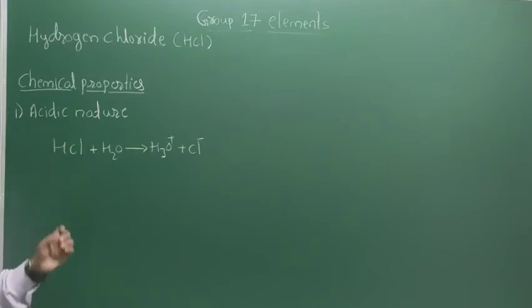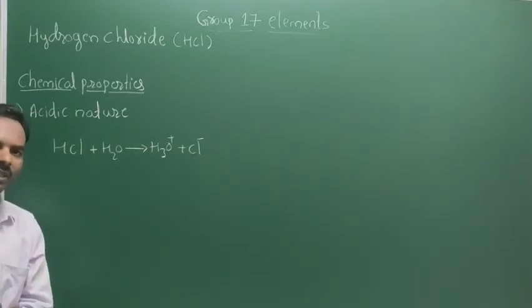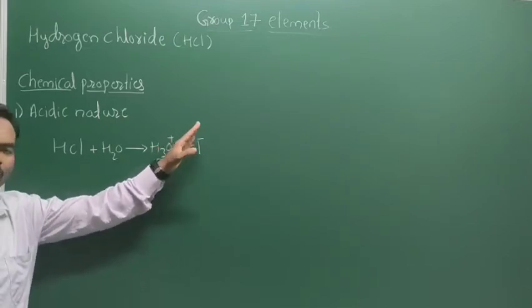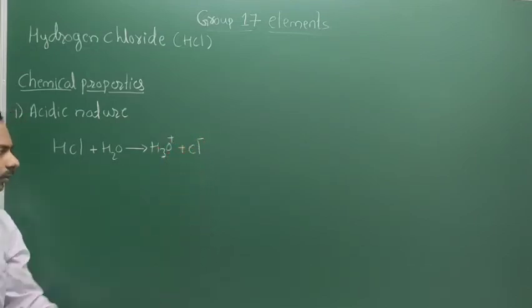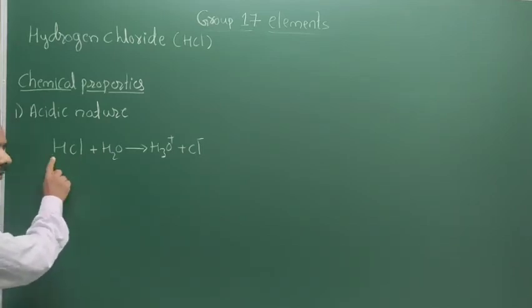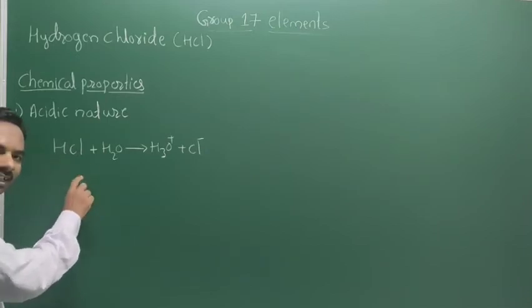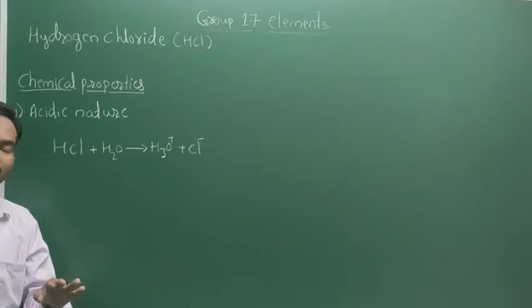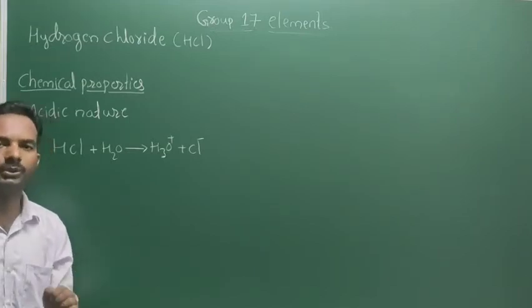So here HCl ionizes in aqueous solution to form H3O plus and Cl minus. So here, higher the value of dissociation constant of HCl, it indicates HCl is stronger acid in aqueous solution.